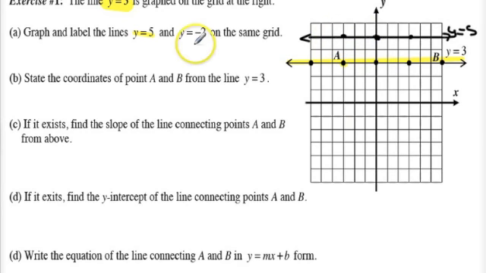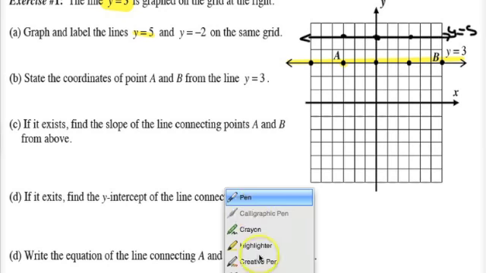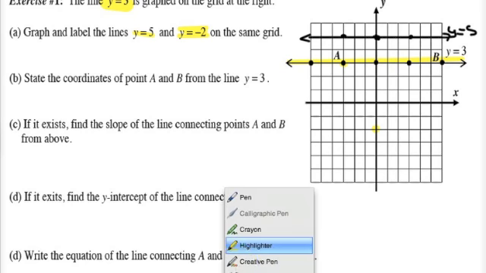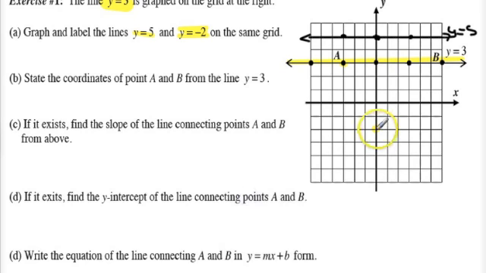Okay. Here's the next one, y equals negative 2. Y equals negative 2, I guess that should be 2 below the x-axis. So we're going to count down, 1, 2, below the x-axis. And make a point there with the pen, not the highlighter. And if we go anywhere along the x-axis and go 2 below, we are going to come up with the line y equals negative 2.